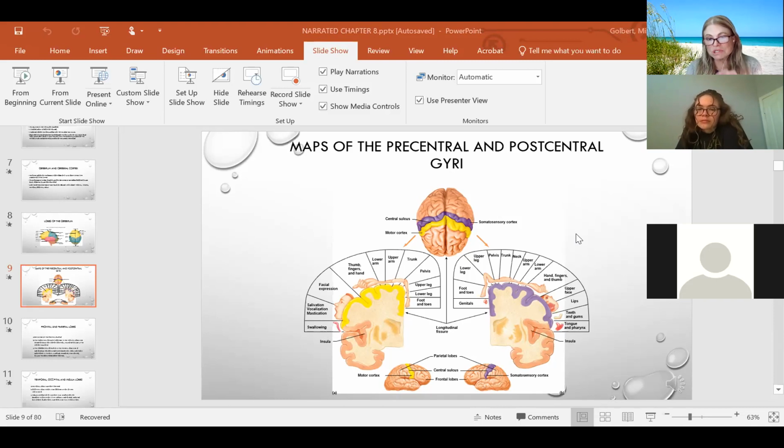So these two little cortexes are kind of like the first pit stop for an integration that needs to happen before we can send a motor response. So we're getting sensory information from certain parts of the body, and we're going to send motor information out to pretty much the same parts of the body. You can see where the foot is here and where the foot is here.